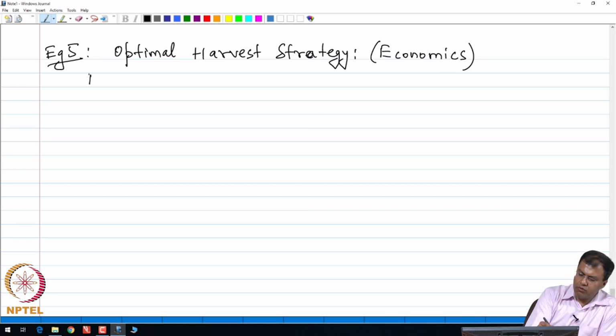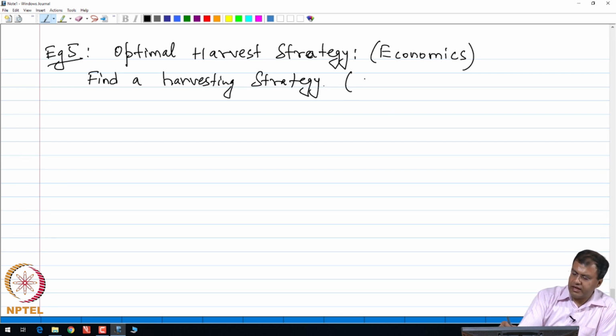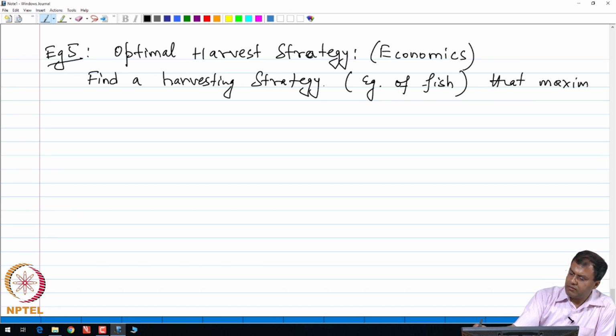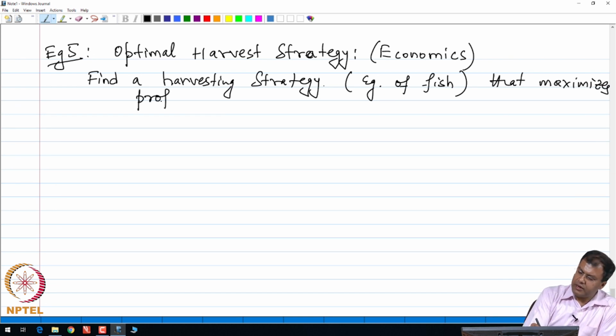So, the problem is to find a harvesting strategy, let us say of fishes in a pond. So, we have to find the harvesting strategy that maximizes profit. So, the fisherman has to harvest so much quantity of fish, so that he or she can get the maximum profit out of it.